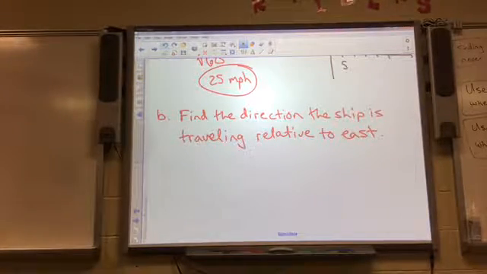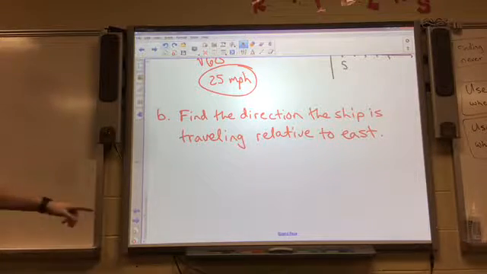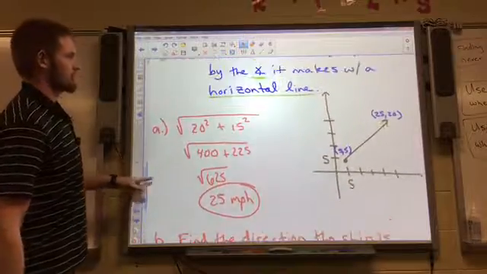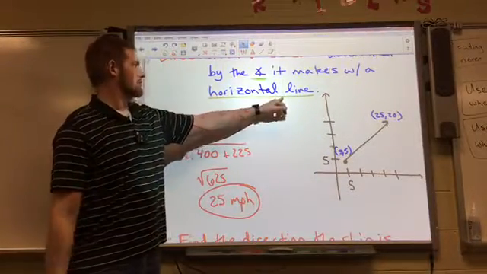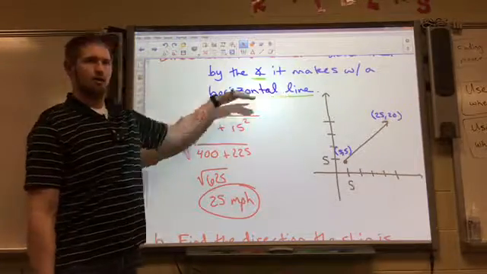Now, wouldn't east be a horizontal line? So that brings you back up to that definition. We want it referenced by the angle that it makes with a horizontal line.